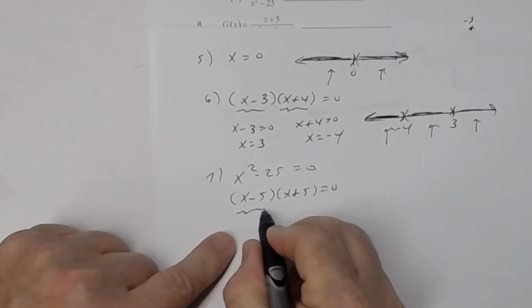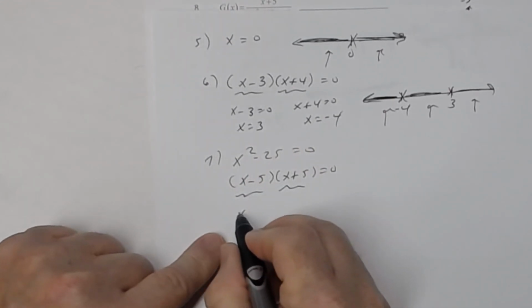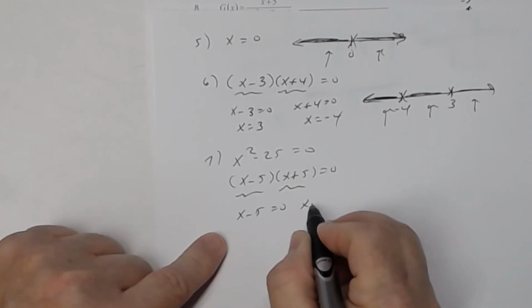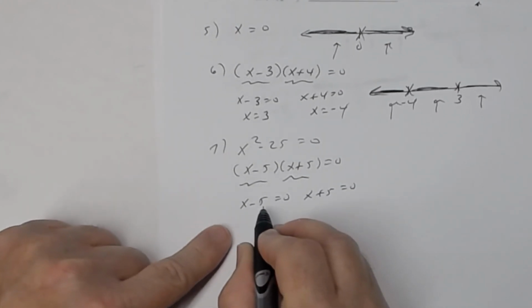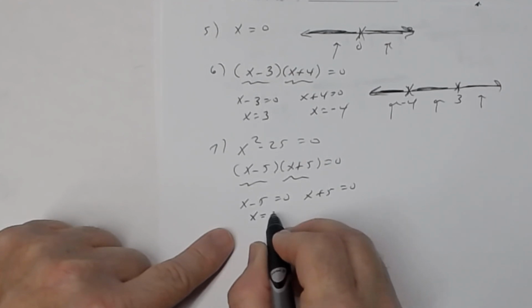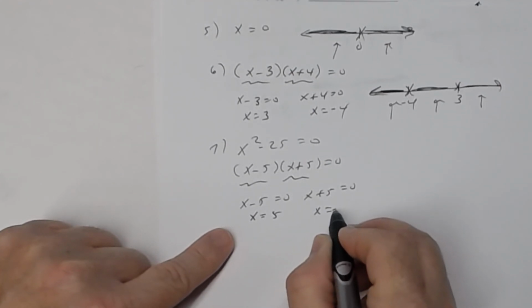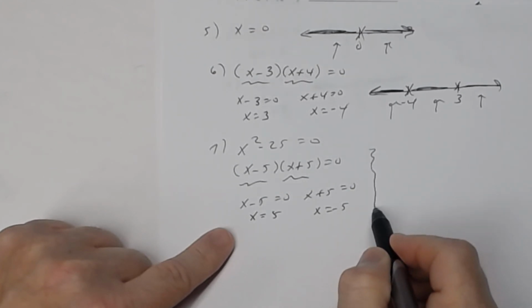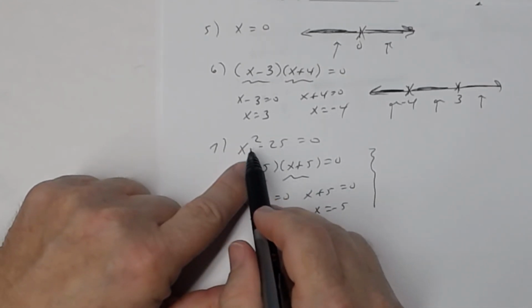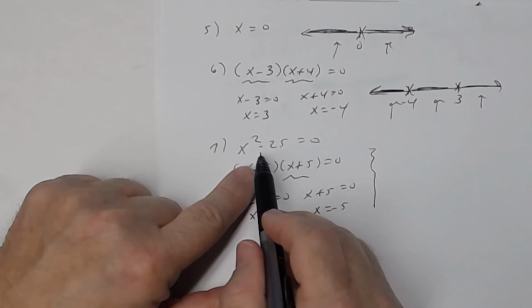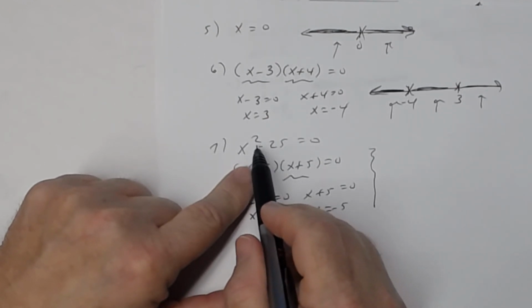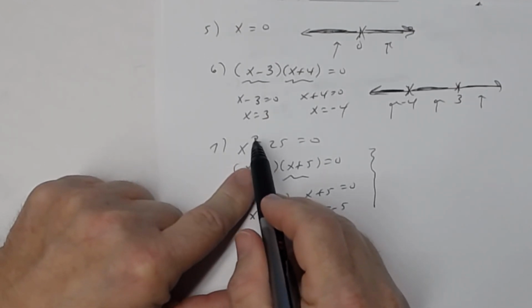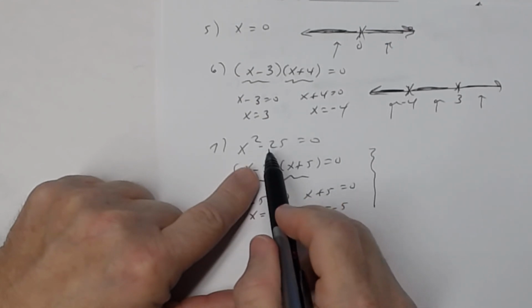And so I could set each of those factors equal to 0, so I get x minus 5 equals 0, x plus 5 equals 0, and then solving these linear equations, I get x to be 5 and x to be negative 5. Now another way that some students probably did this was they looked at this equation and noticed that the x term is missing. All you have is an x squared and a constant.